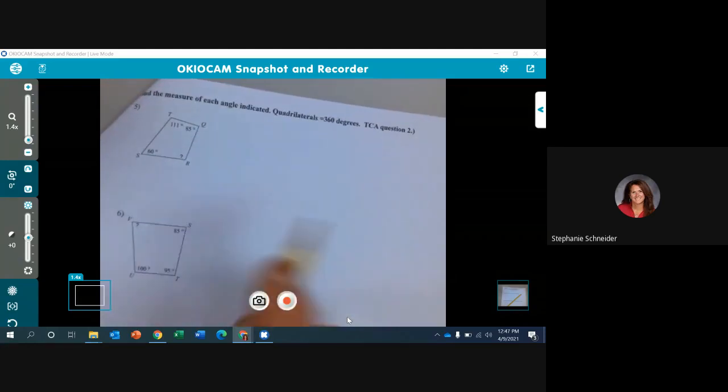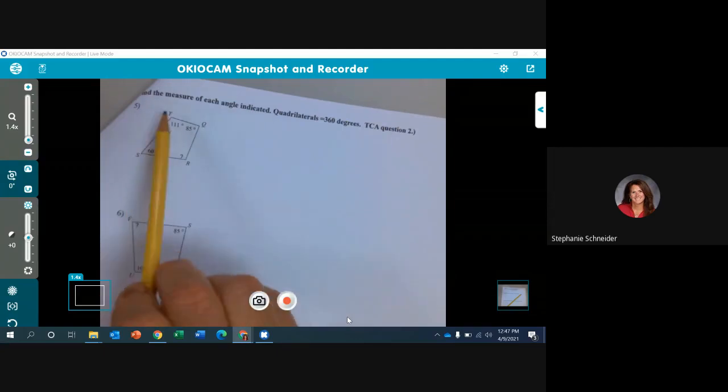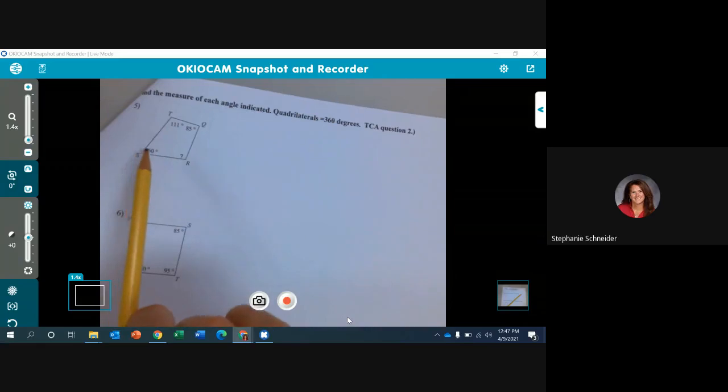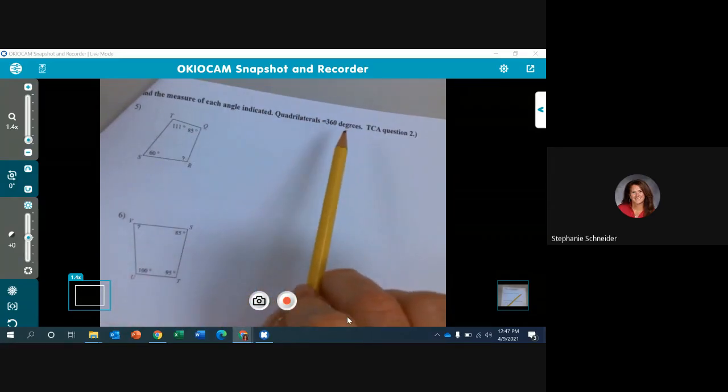Okay, our next question here says, find the measure of each angle indicated. Now, if you take a look at this, this is a four-sided figure. Now, in case you forgot, all quadrilaterals are 360 degrees.